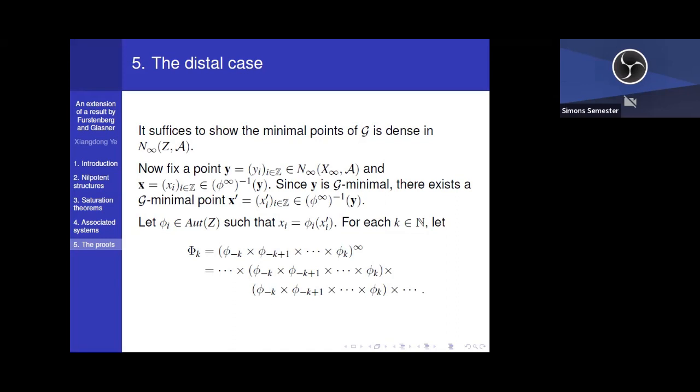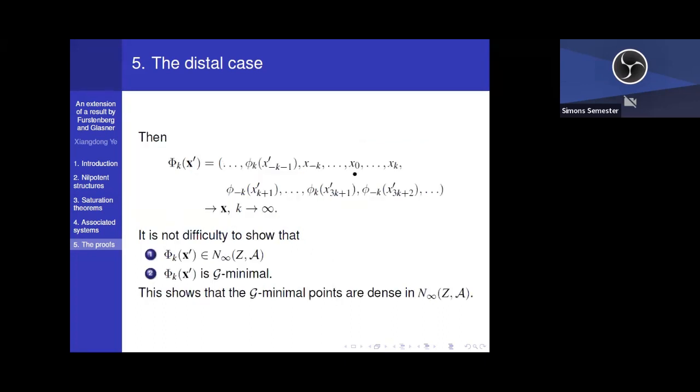Now you can pick in the automorphism group Z such that Xi is phi Xi prime. So you form a transformation phi K like this, the periodic one. Okay.